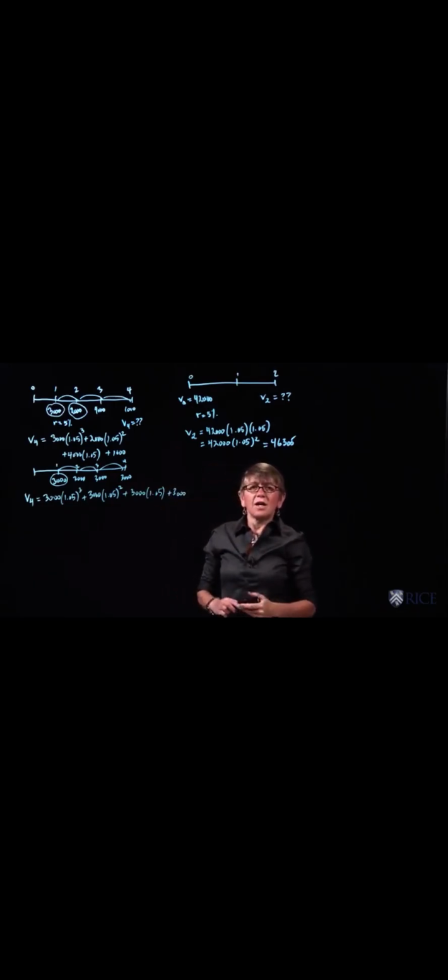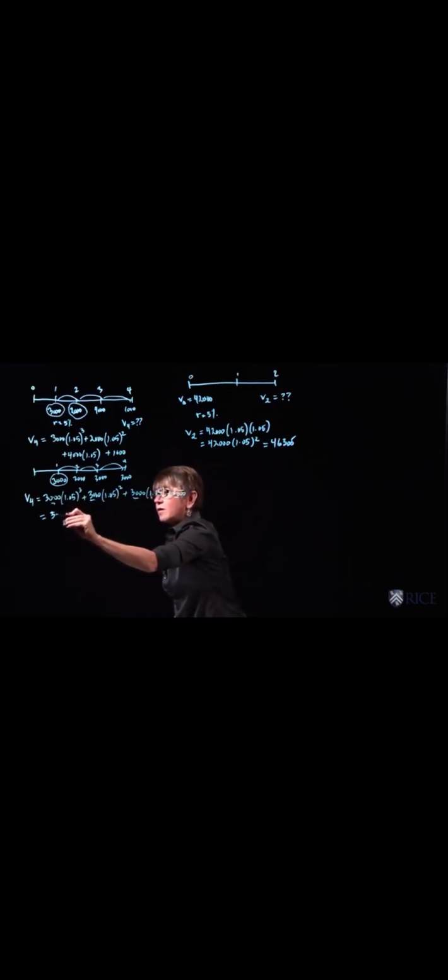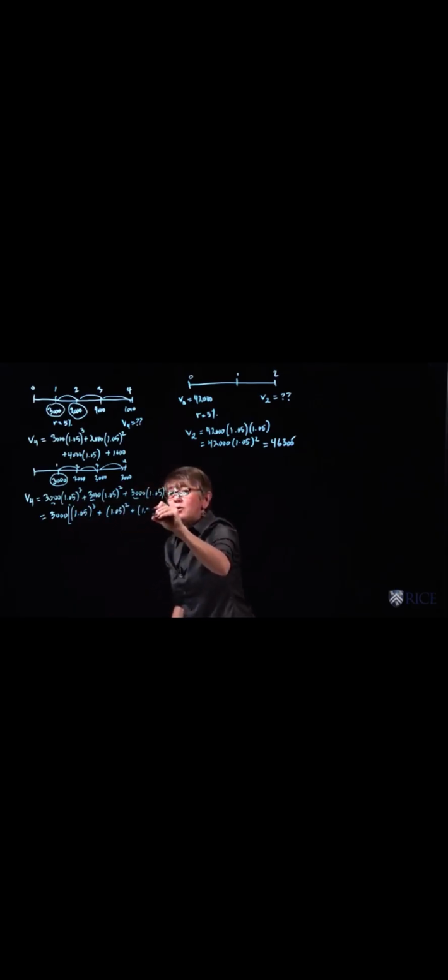All right? But I could do better. I could actually take a shortcut. Let's factor out this common 3,000 that we have. Then what do I get? Well, I have 1.05 cubed plus 1.05 squared plus 1.05 plus 1.